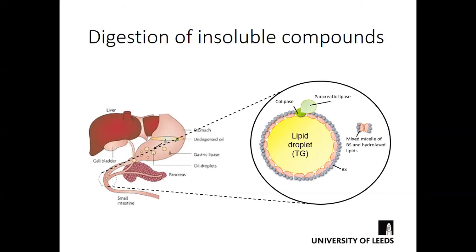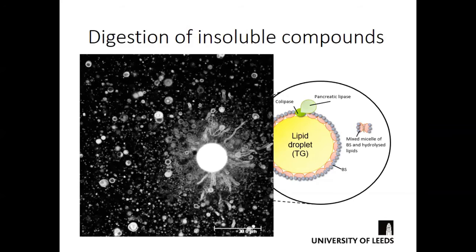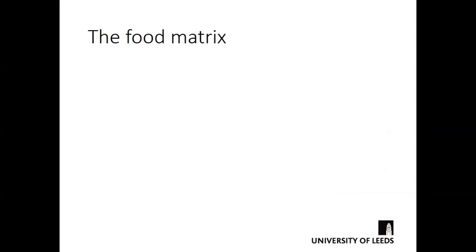That sounds very simple, but if we look in detail at what you see, a real range of different structures is present, and it's very hard to be sure what kind of structures are really going to be formed and what will be carried through to the site of absorption. So different structures are formed depending on the type of food.